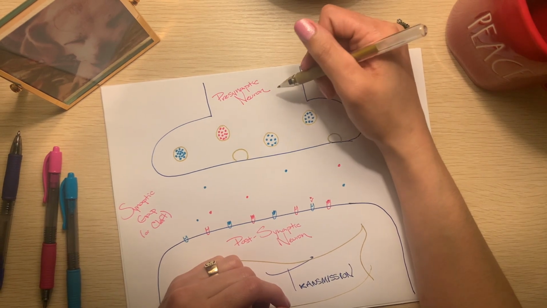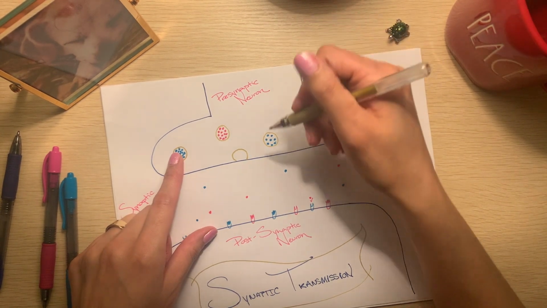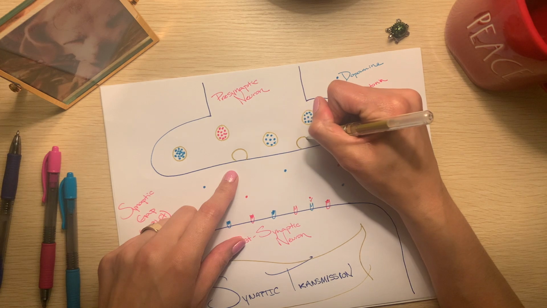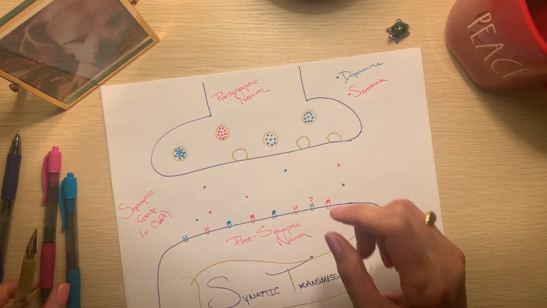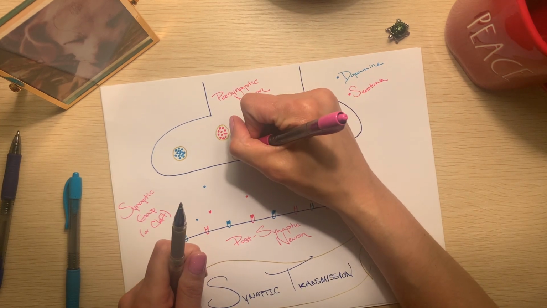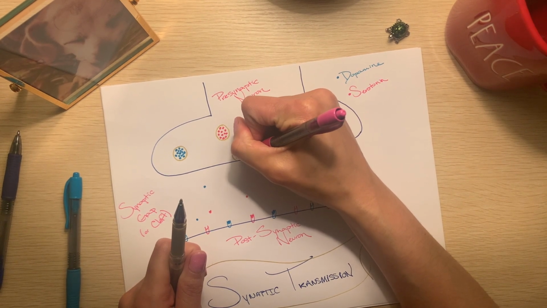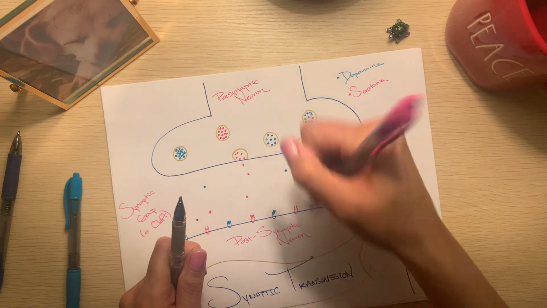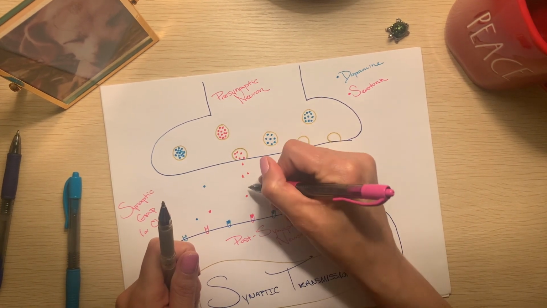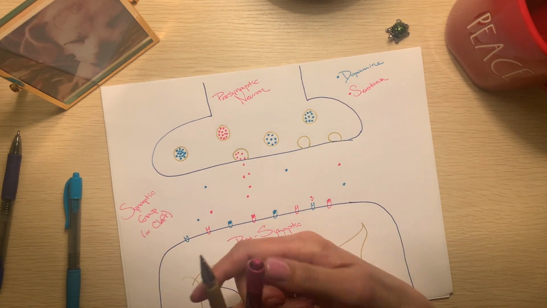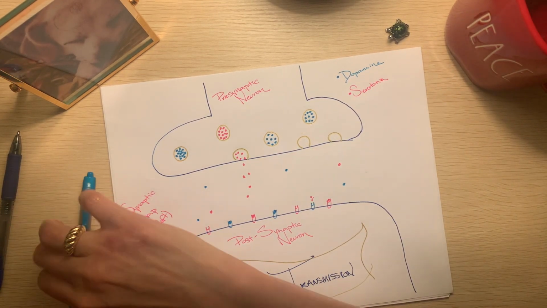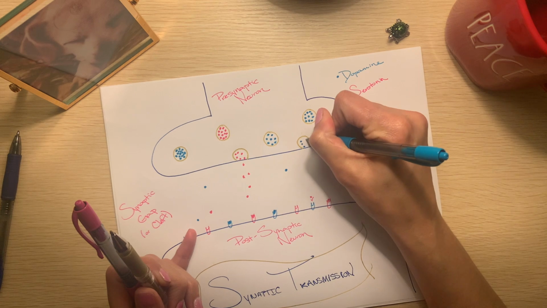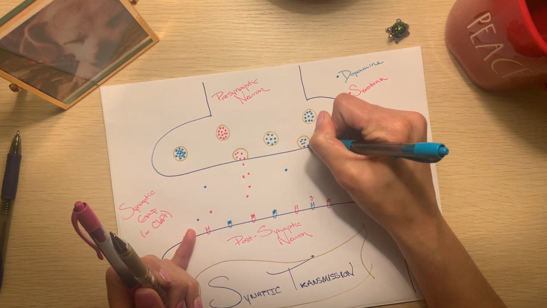So once that action potential reaches the terminal button, it's going to trigger vesicles to merge with the cell membrane of the presynaptic neuron. And when they merge with the membrane there, they're going to start releasing neurotransmitters.